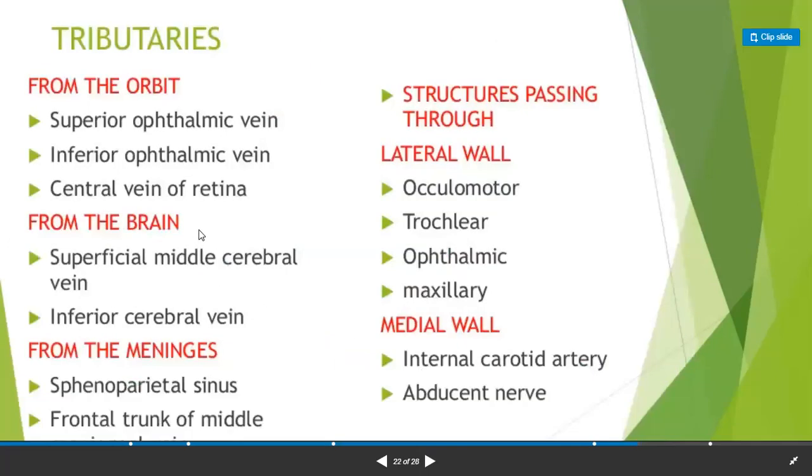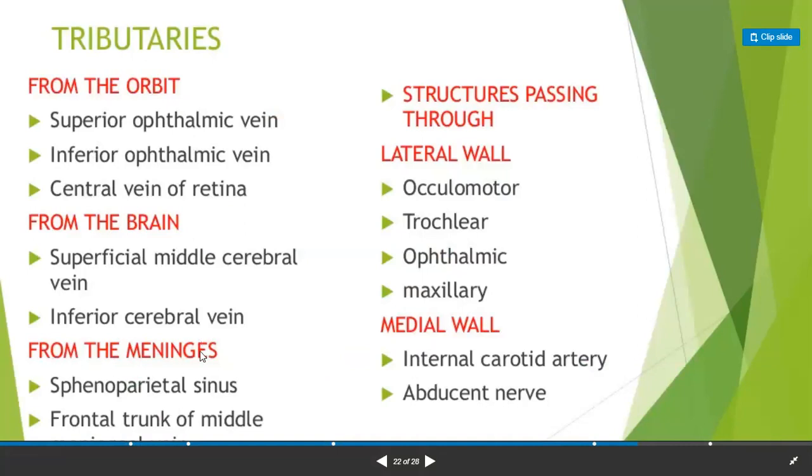Okay, and the tributaries, that means it is receiving the venous drainage. Already I told you where. From the orbit: superior ophthalmic vein, inferior ophthalmic vein, central vein of the retina. From the brain, the cavernous sinus receives venous blood via the superior middle cerebral vein and inferior cerebral vein.